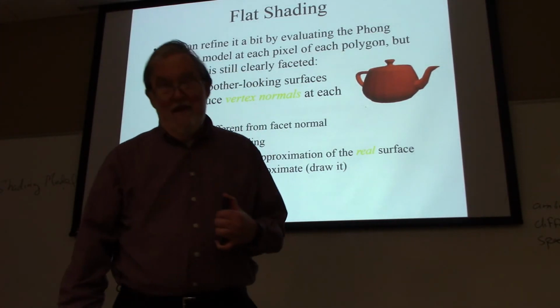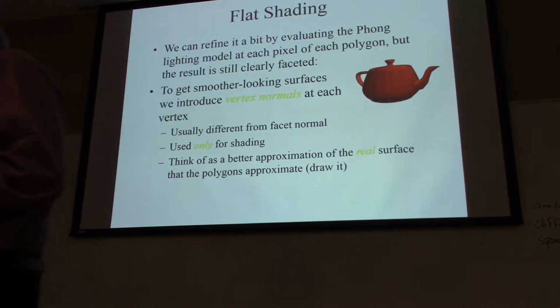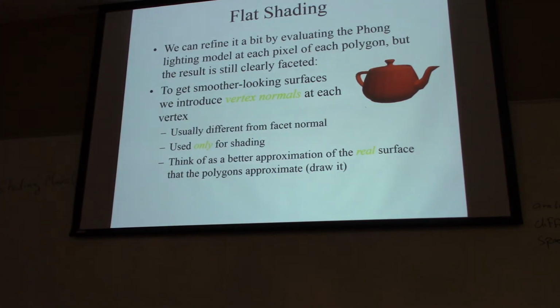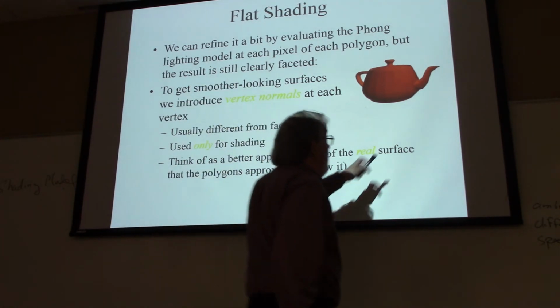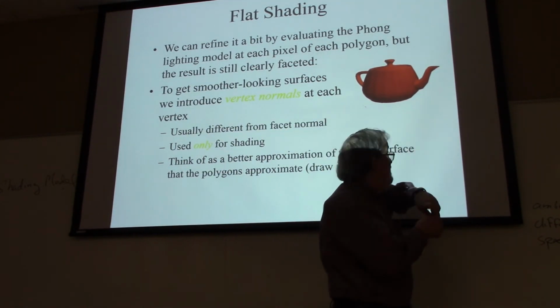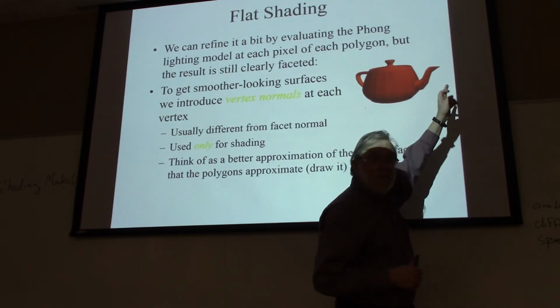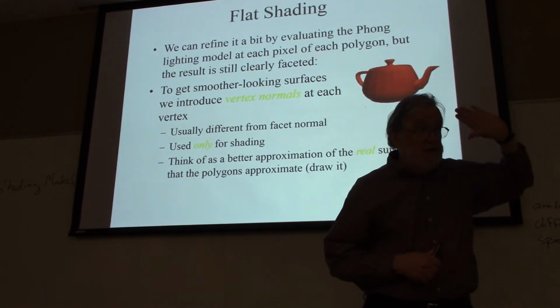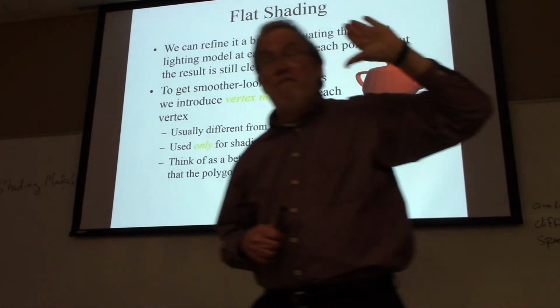However, there's a problem with that. First of all, if the facets are reasonably big, no matter what the lighting is, you can identify the facets. And where that is the strongest is if you look at the edge contour. The facets there are going to show up as sharp lines with sharp angles between them if the facets are big.